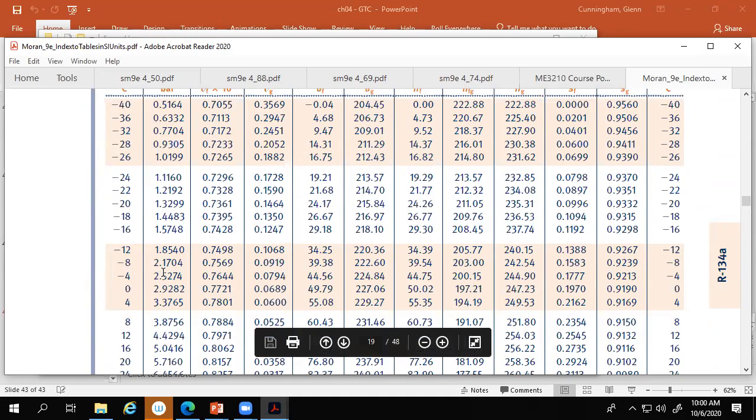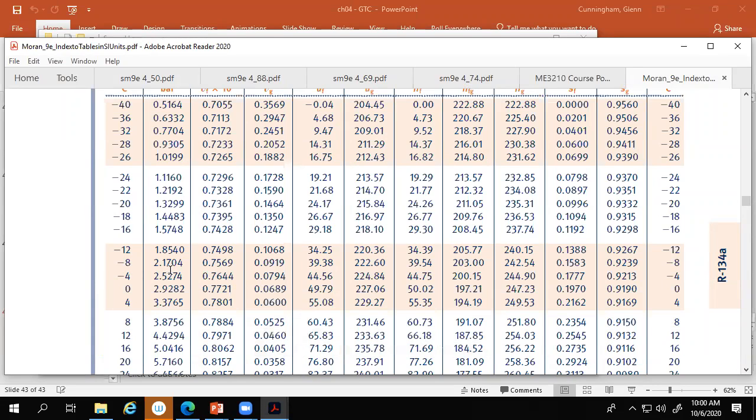But you can see -6, this is the saturation pressure. -6 is halfway in between here. So you see that saturation pressure is going to be 2.3, 2.4, something like that. And we're at 1.4? So we're at much less pressure. So we got to be superheated.